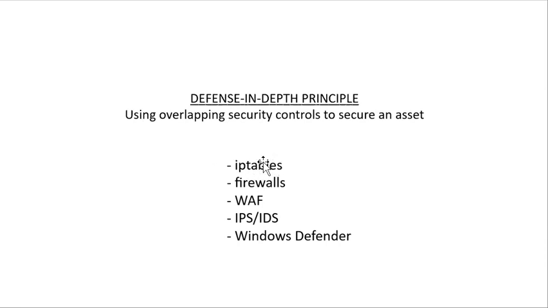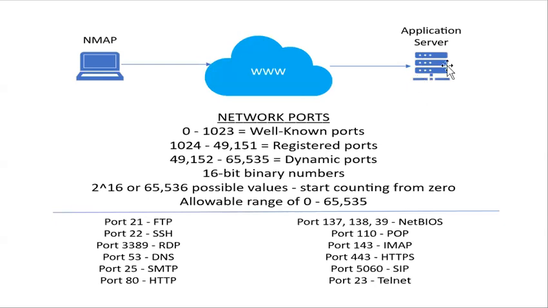I've mentioned IP tables before. If it's a Linux server, you can enable the IP tables on it and set it up to allow only, if it's a web server, ports 80 and 443.